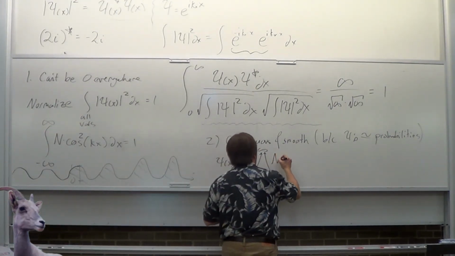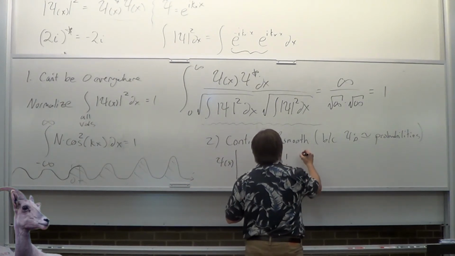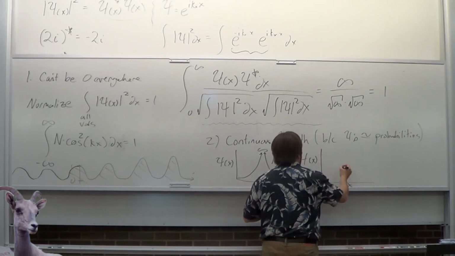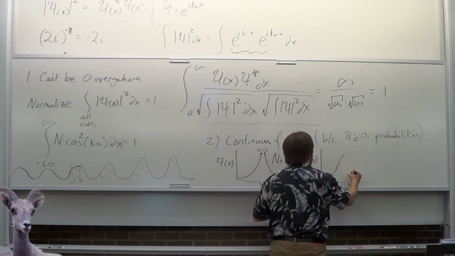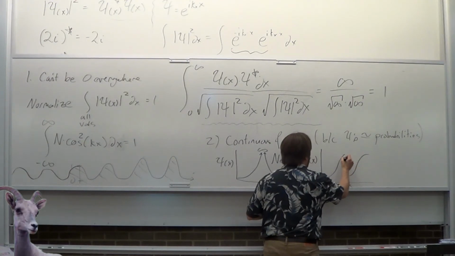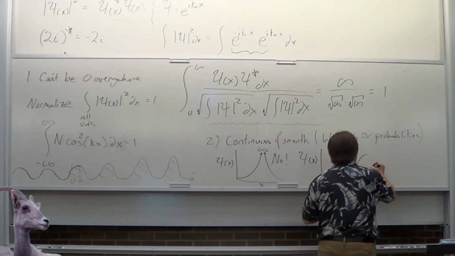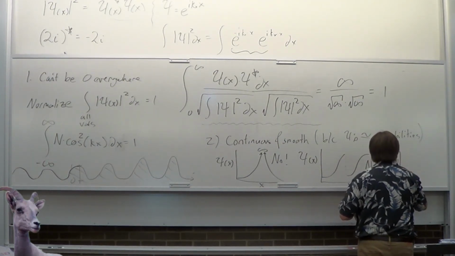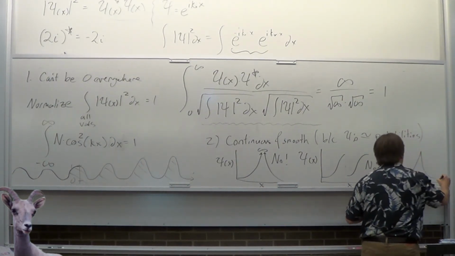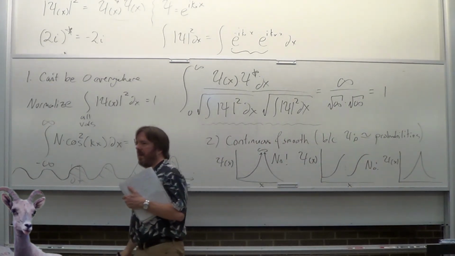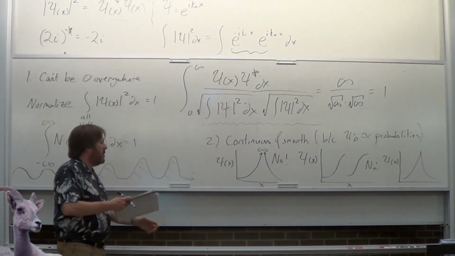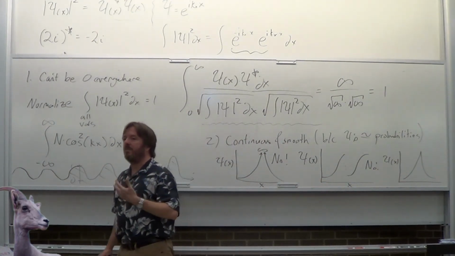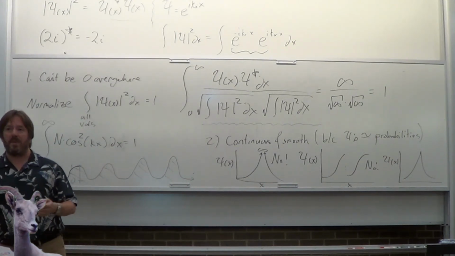So no. You also cannot do this. You cannot do that. You can't have a discontinuity. No. You also cannot do this. You can't have a cusp. Now, both of these 2 are due to the fact that when you integrate them, you need to output probability.